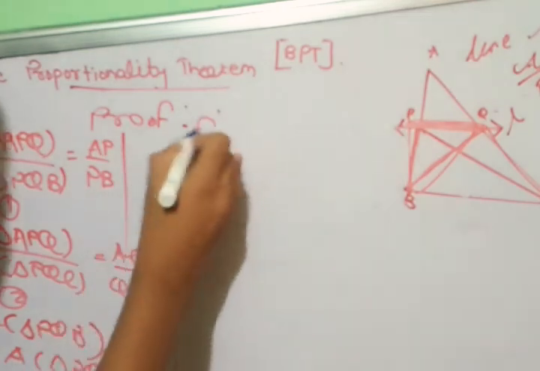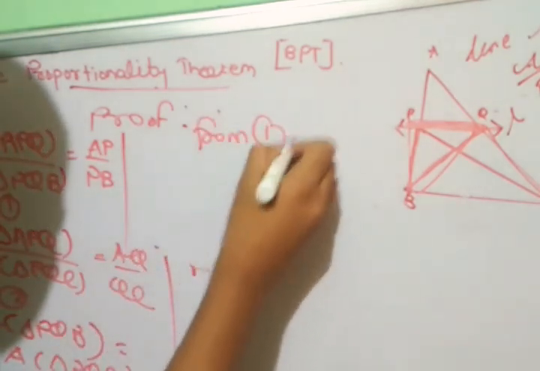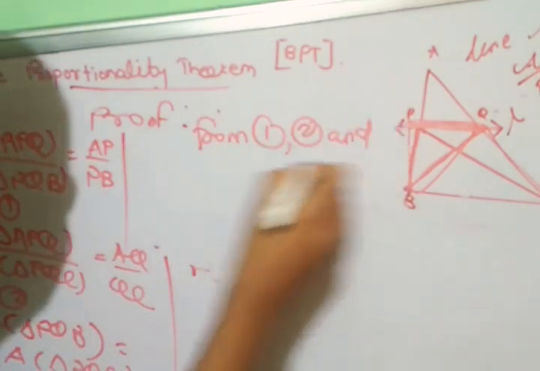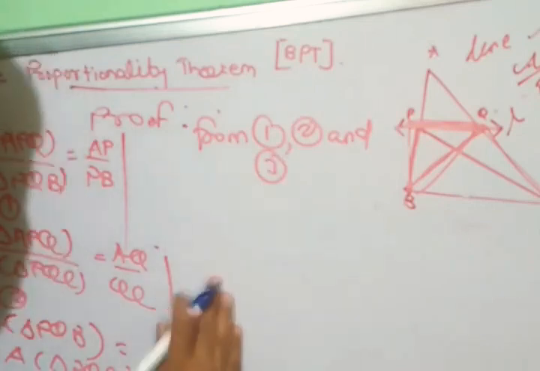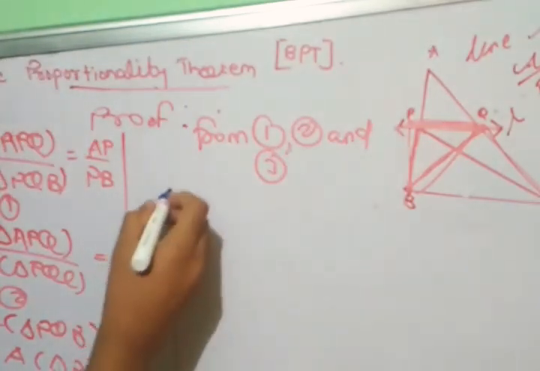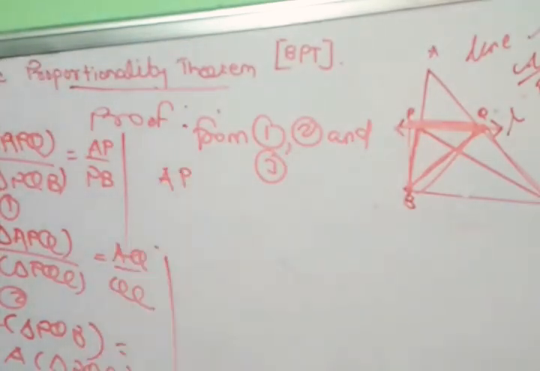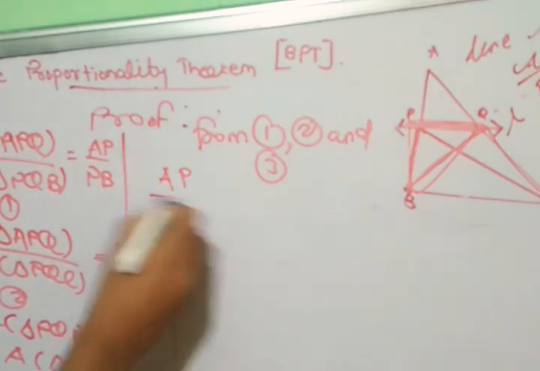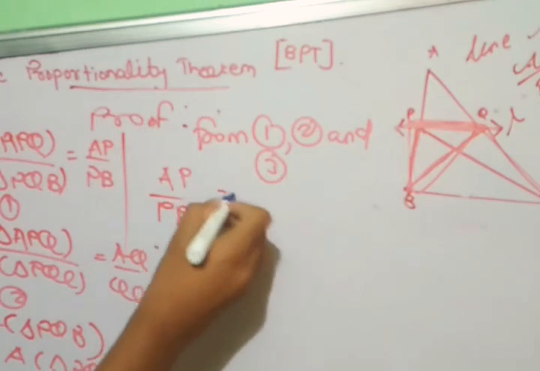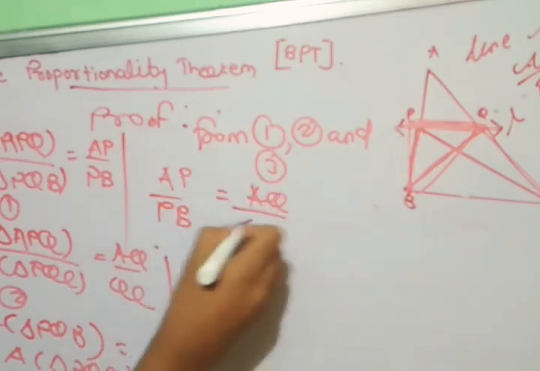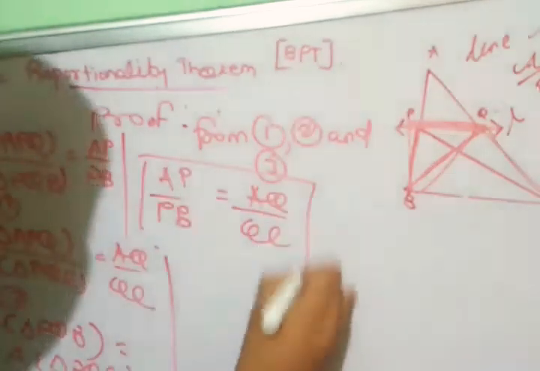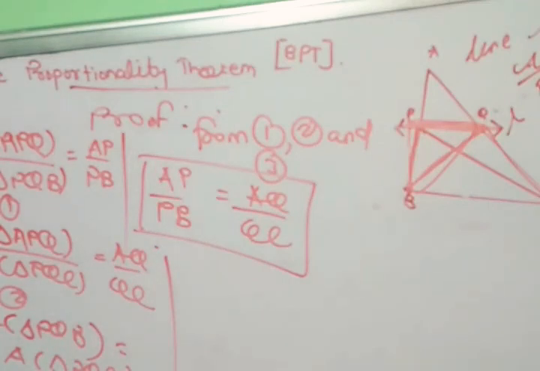So from 1, 2 and 3, AP by PB is equal to AQ by QC, and this is the proof of our theorem.